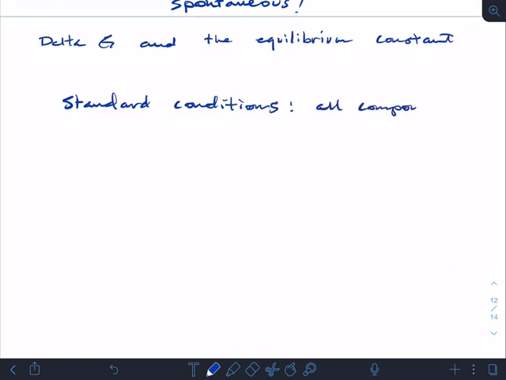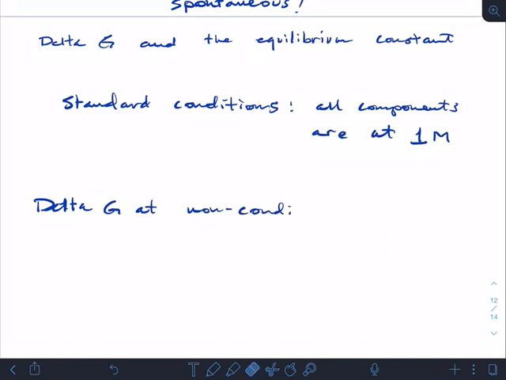Now, standard conditions are simply when all components are at 1 molar. All right? So delta G at non-standard conditions looks like this.